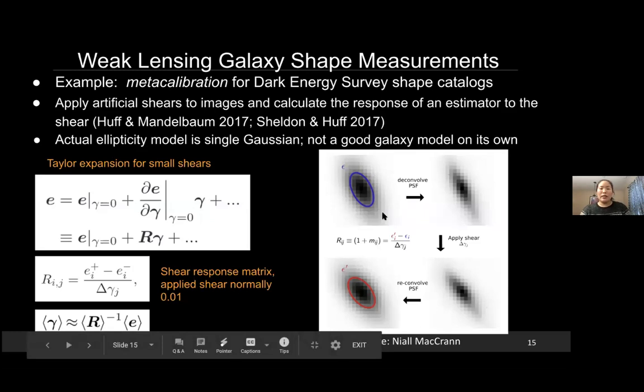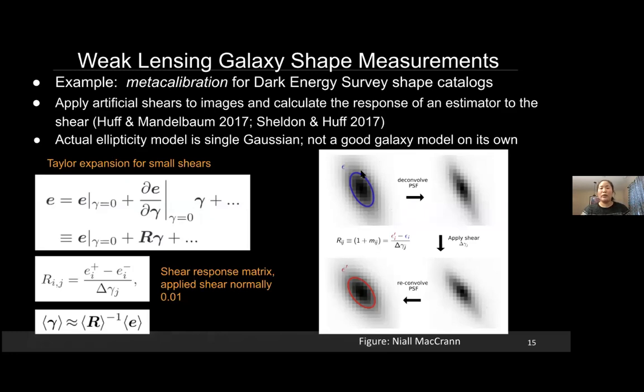We start in the top left with some image of a galaxy. We measure its ellipticity. For metacalibration, we actually just use a single Gaussian, which on its own is not a great fit or not a good model for a typical galaxy.